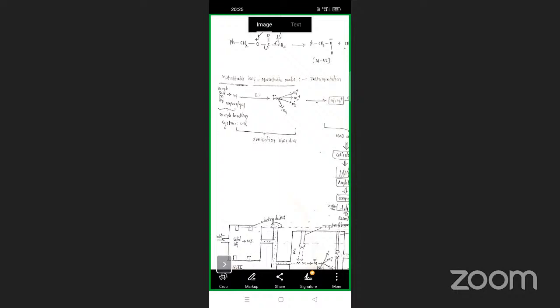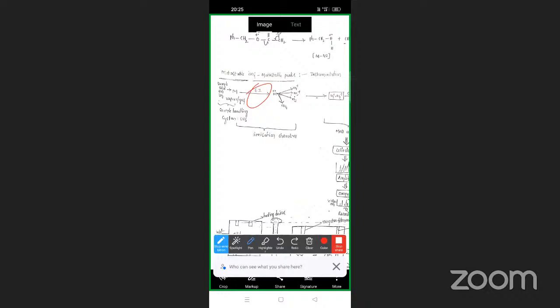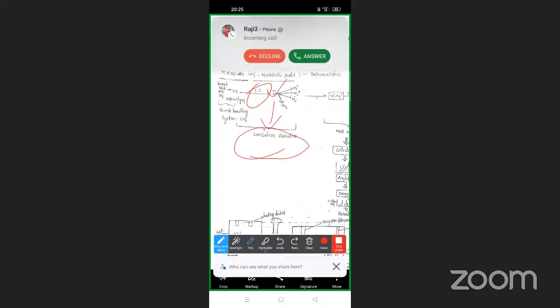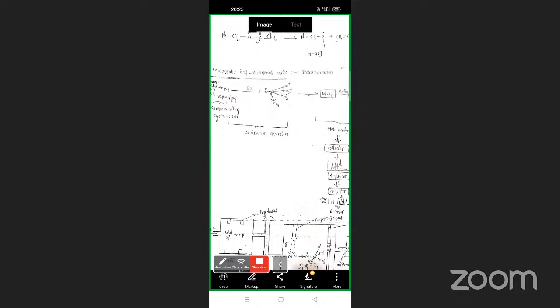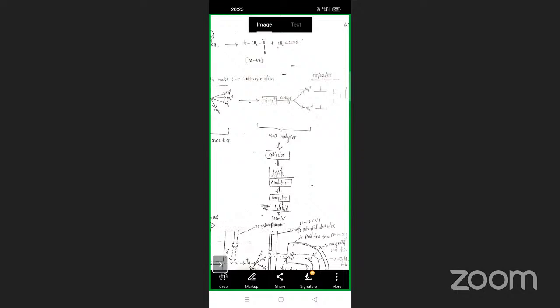The molecular ion further undergoes a variety of fragmentation, so you get a variety of fragments. These fragments will be analyzed by the mass analyzer.